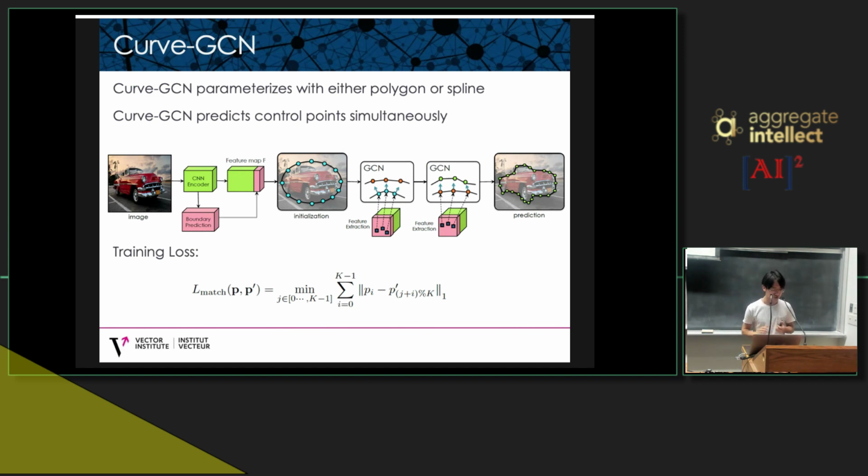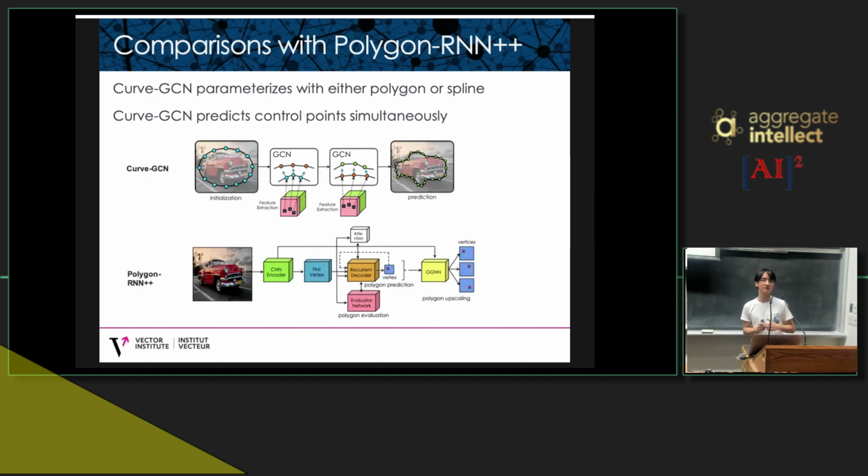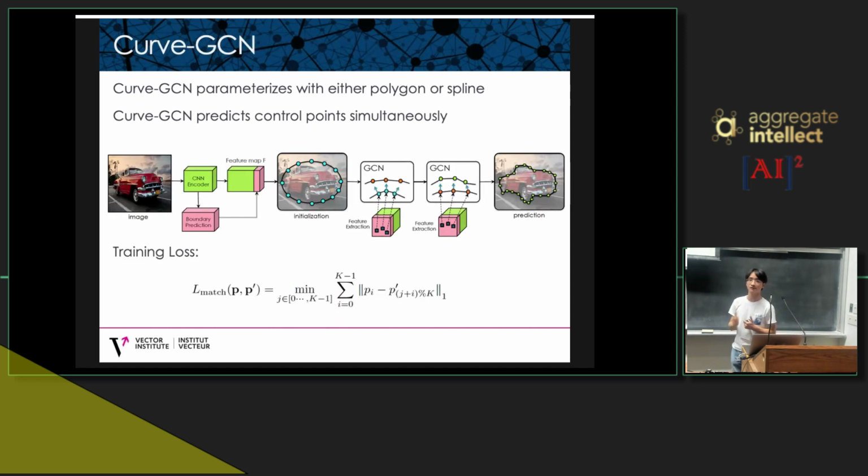And then with comparison to our previous papers, because we have two papers before, which is called Polygon Recurrent Neural Network. One paper got accepted to CVPR 2017, and the other paper, the improved version, which is called Polygon-RNN++, got accepted to CVPR 2018. So the comparison with these two papers is that here we simultaneously predict every point at the same time, so it should be much faster.